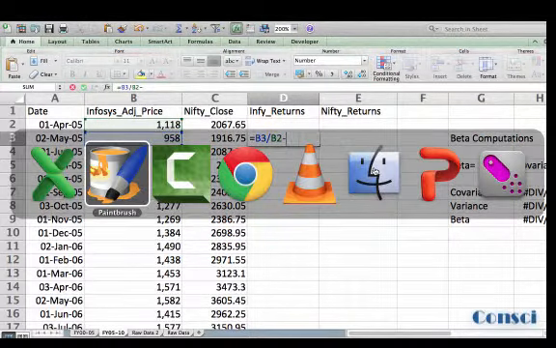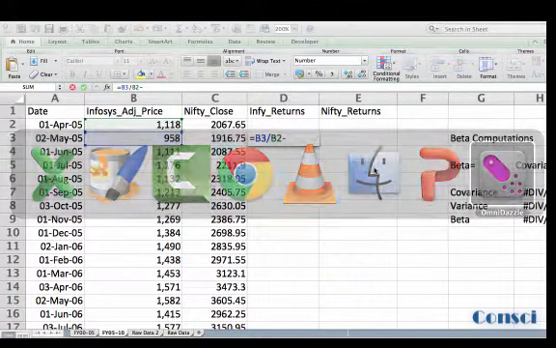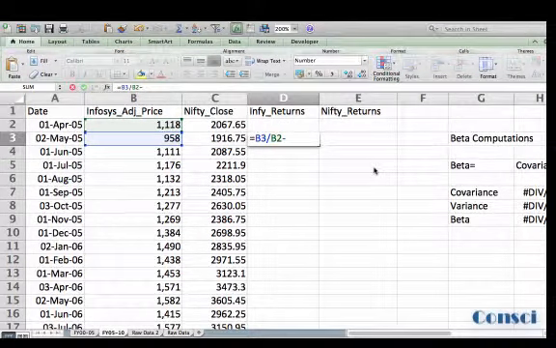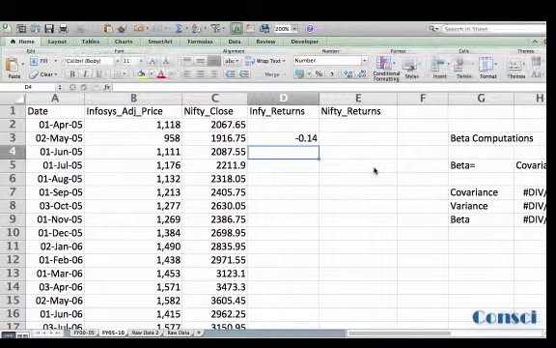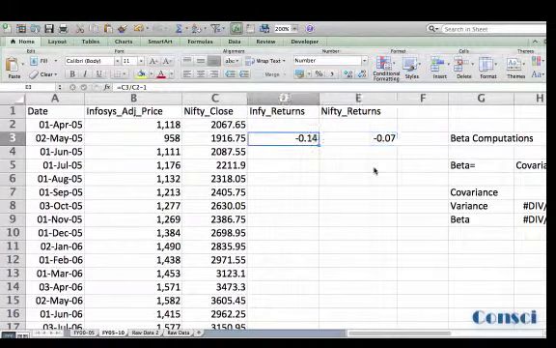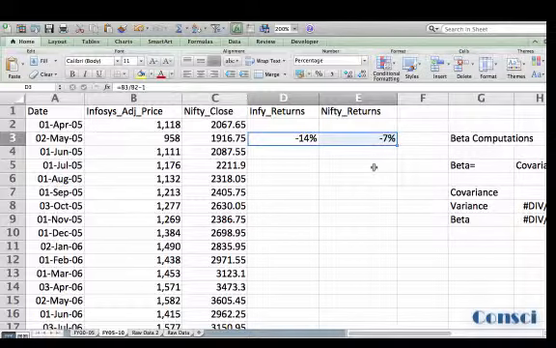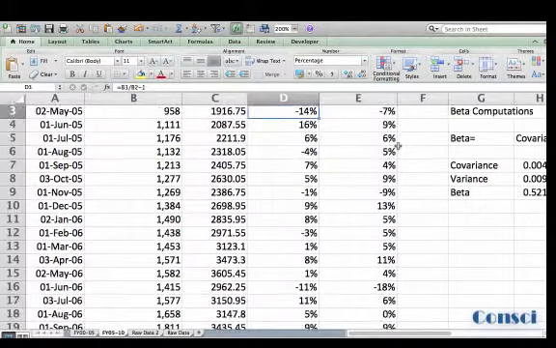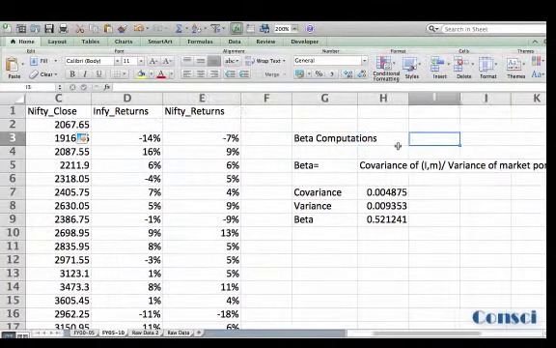Same should be done for Nifty as well. That is what I have done. So you select them, convert into percentage, just double click over here, and all your data points are created.